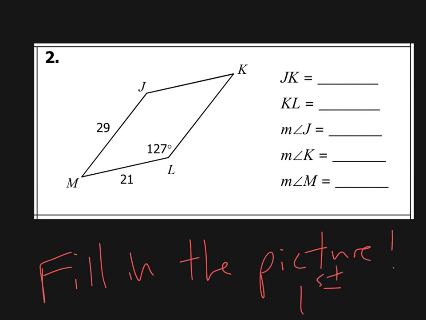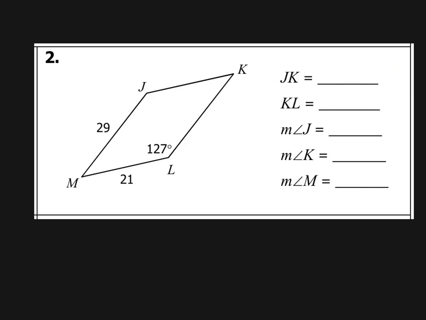Before I get going and answering these questions, I want to fill in the picture best I can, using the properties from the front. As I fill this in, this side, MJ is 29. And from property number 2, about opposite sides being congruent, this side is also 29. If this is 21, then opposite sides being congruent means that this side is 21.